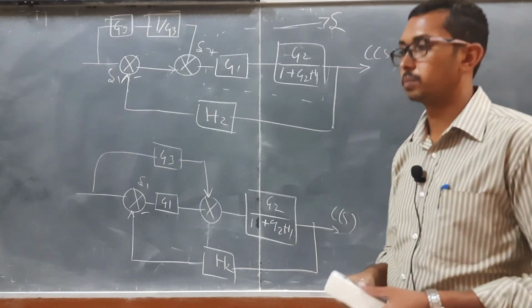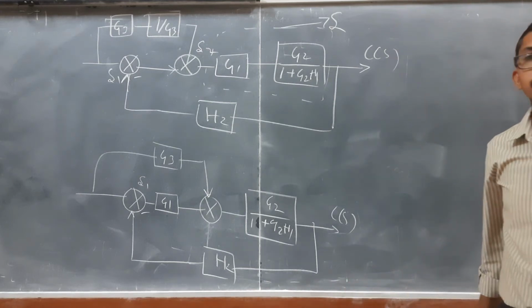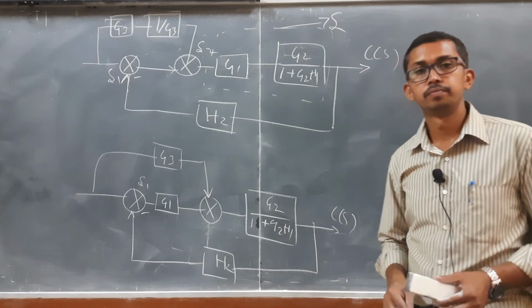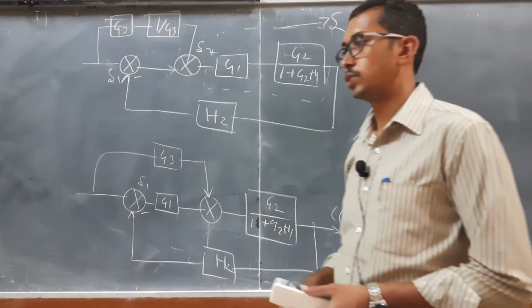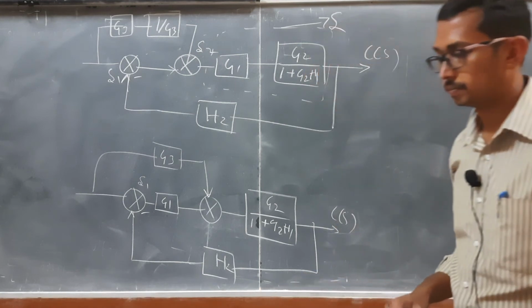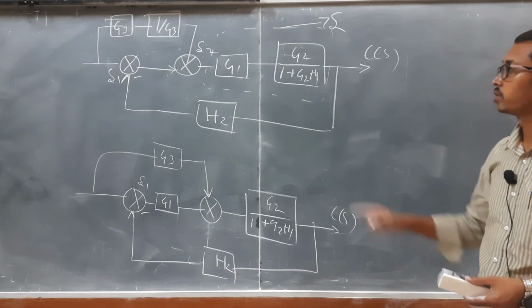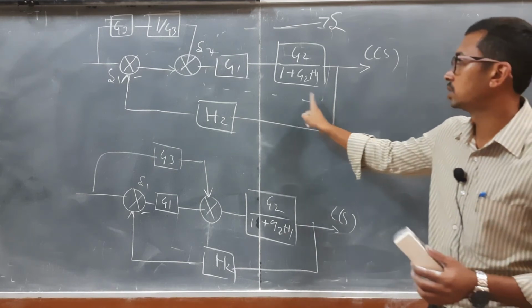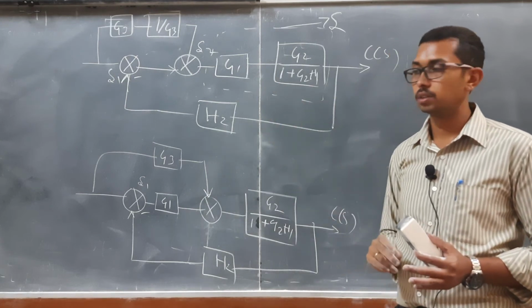Please let me know. Anyone wants to answer for this? Please try to answer. So we are going to apply two rules, right? These two are in series, so we are going to do the multiplication.